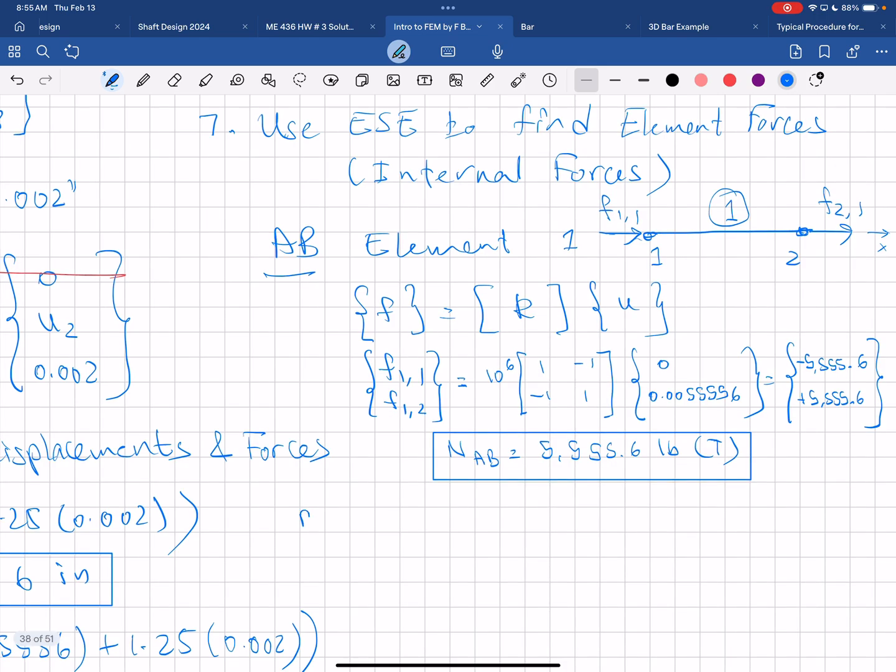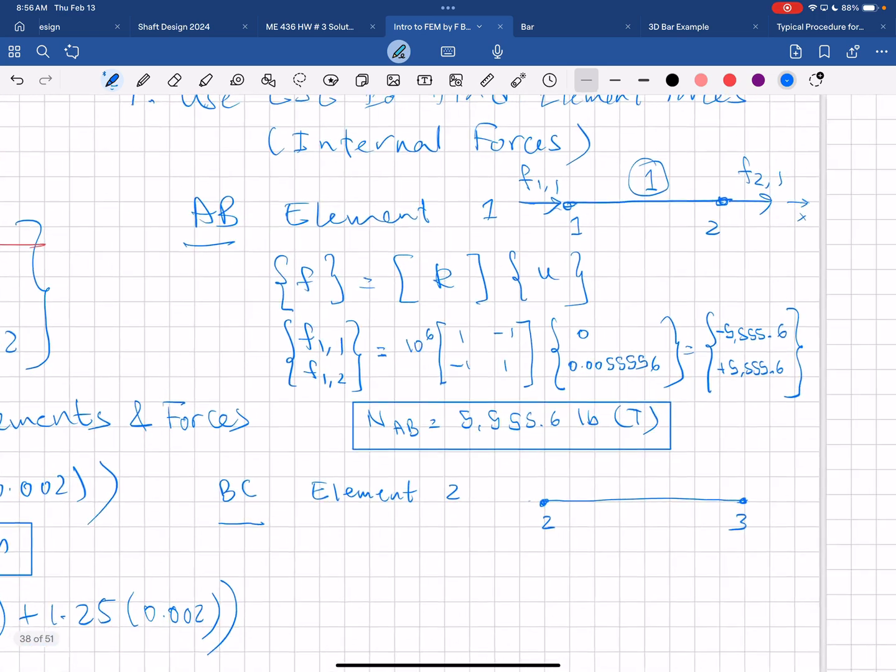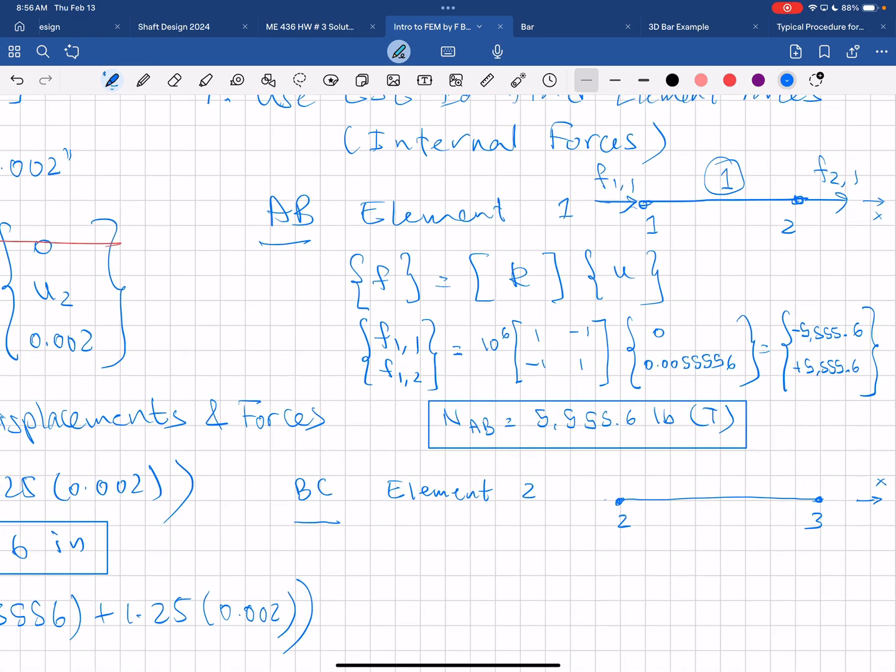Next, if we look at BC or element 2, and if I sketch element 2, extending between nodes 2 and 3, corresponding to B and C. If this is the positive x direction, I'm going to show my element forces going in the positive x direction as F22, because this is element 2, and F32.